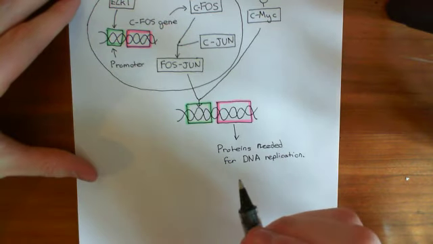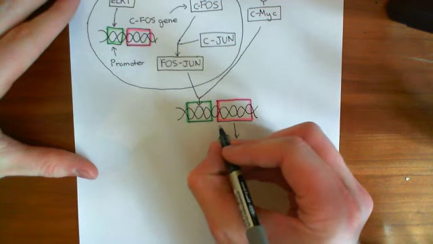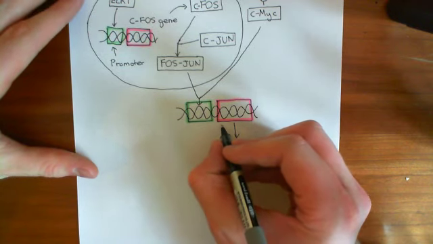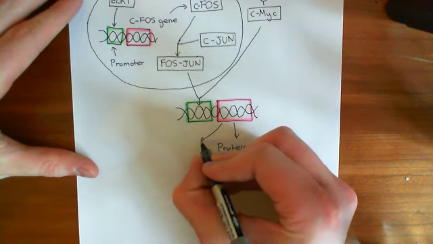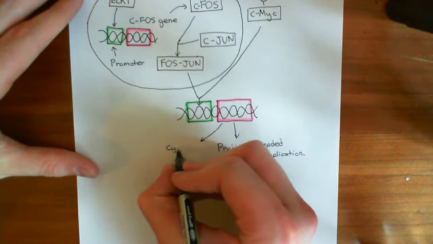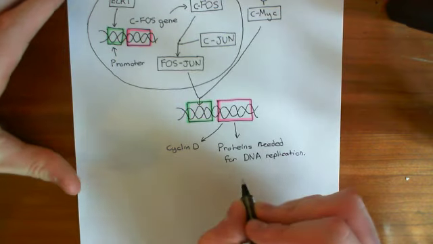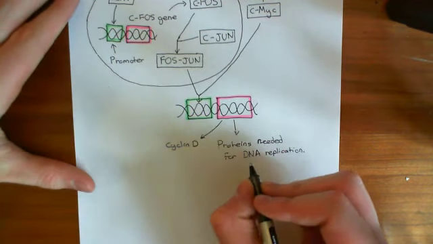Right, so another protein basically that phosphogen dimers and c-MYC are going to increase the expression of is the Cyclin D protein. And Cyclin D is what's going to get the cell ready to jump from the G1 phase to the S phase.